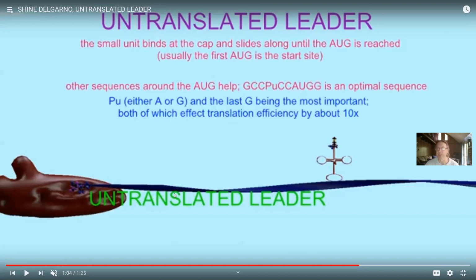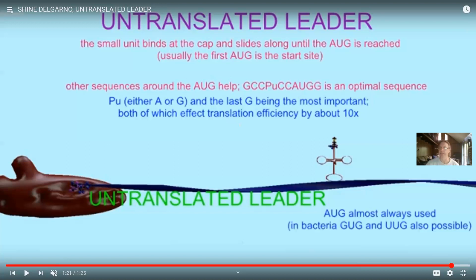And so some of the sequences in this untranslated leader may help to signal that this is actually the start codon, which is coming up next. Now, in our textbooks, we like to make pretty pictures and simplify things, saying AUG is the start codon. Once again, part of this is because cells have to be signaled, meaning starts here.